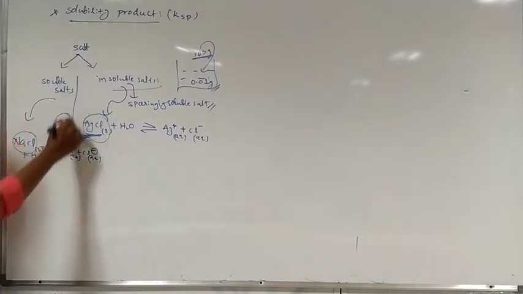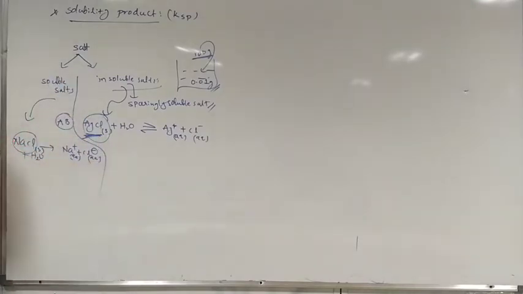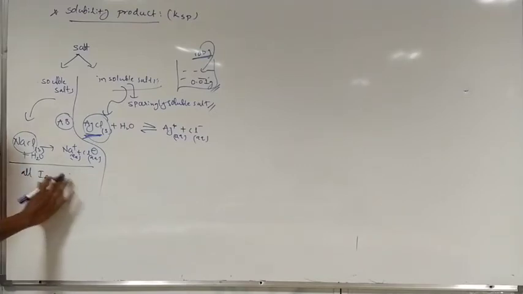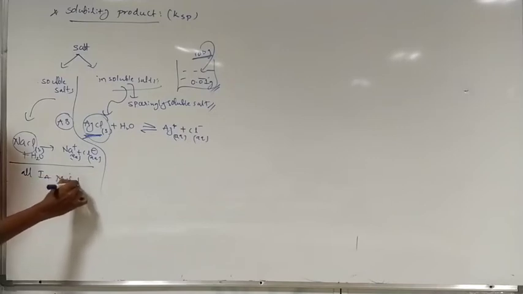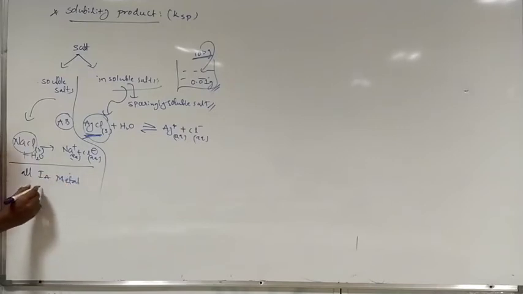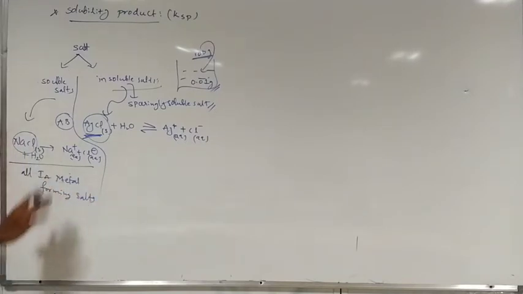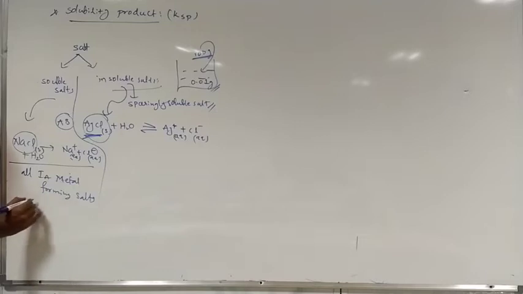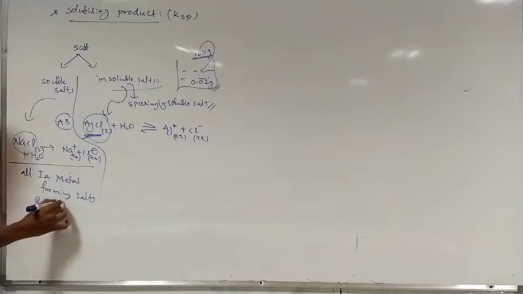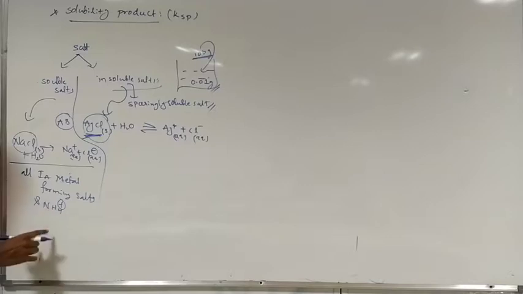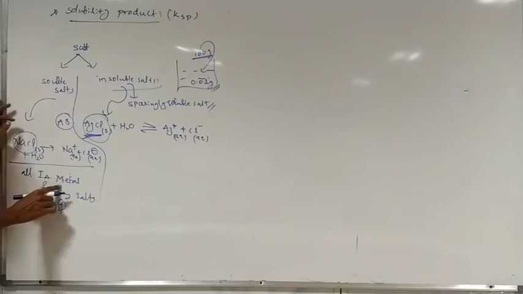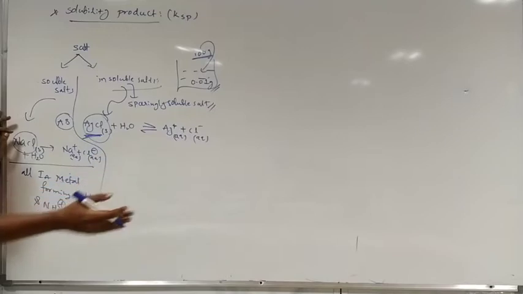Sir, how do we find out which are soluble salts and insoluble salts? For example, the soluble salts are all the first group A metal salts, and NH4+ cation too. These positively charged metals combine with halogens to form the corresponding salts.